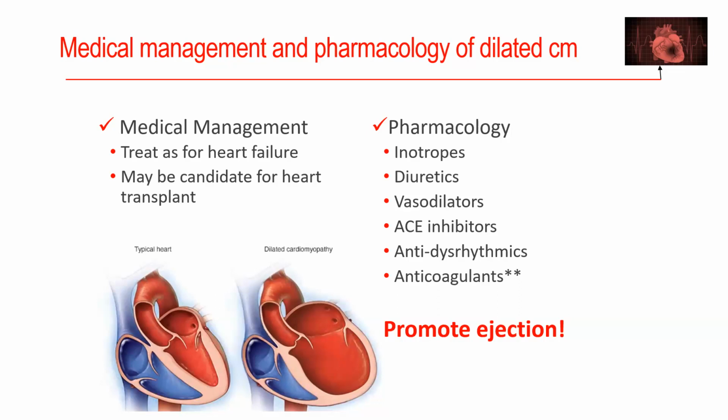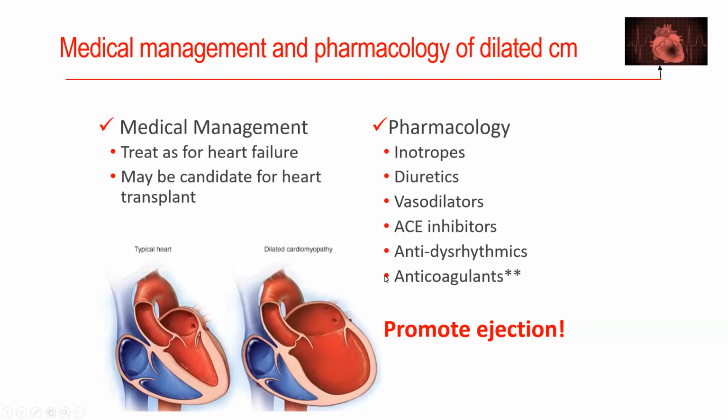So if I dilate my arteries and I use an inotrope, I reduce the volume load in the ventricle, I'm going to promote a better ejection. So when you have dilated cardiomyopathy, remember that is the most common form. Your goal is to promote ejection. So you're going to promote contractility and you're going to want to reduce the volume load to the ventricles.